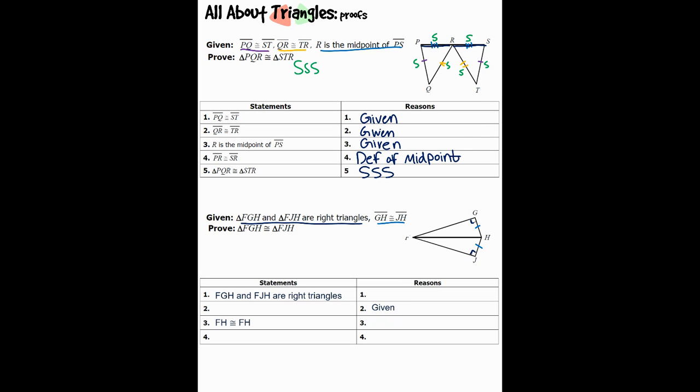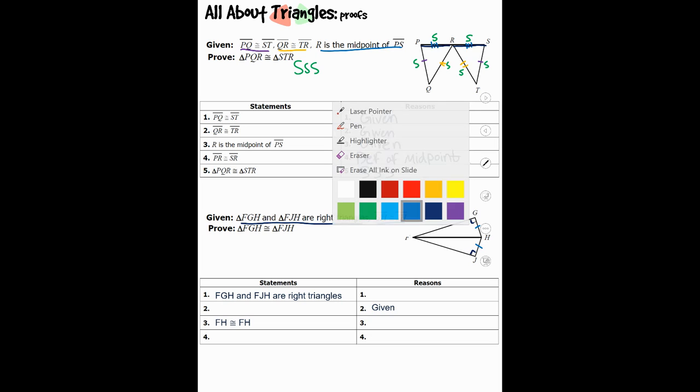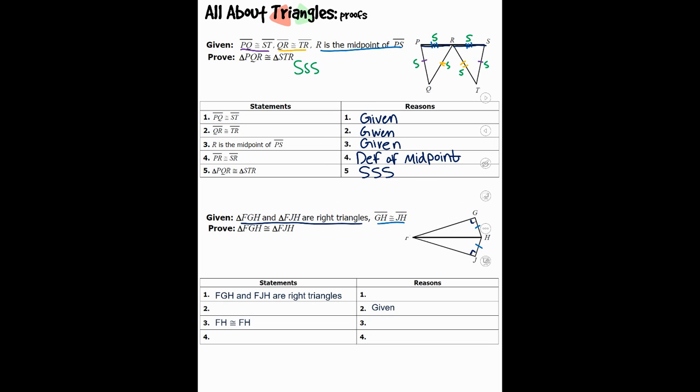Let's look at our picture real quick. If we were just given the picture and asked to say if they're congruent or not, what else would we know? Well, they share this side, right? So if I pulled those triangles apart, this side would have to be congruent on each of those triangles. And we've got right triangles.